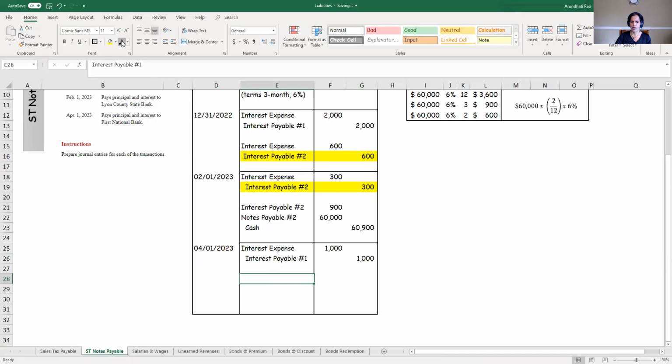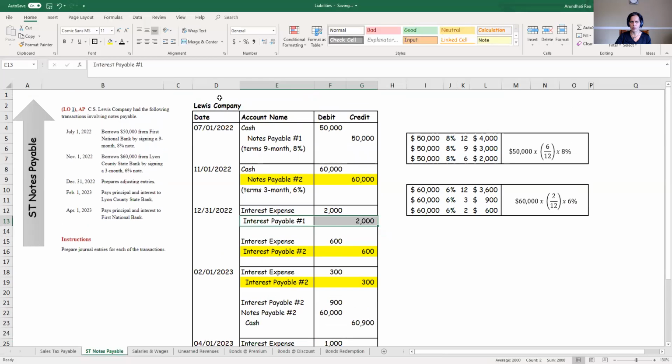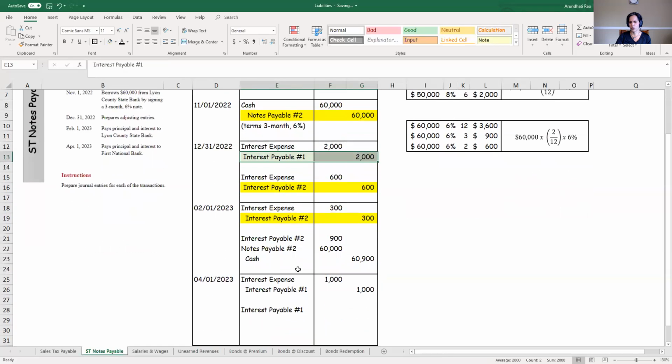Again, let's go through that. Interest payable, let's see the calculation. Interest payable is $2,000 that was accrued at the end of 2022. And now I say interest payable is another $1,000, giving me a total of $3,000 to be paid in interest.